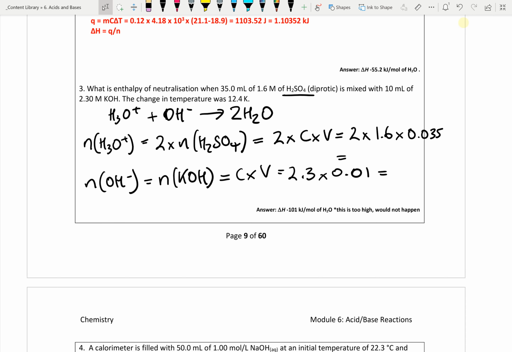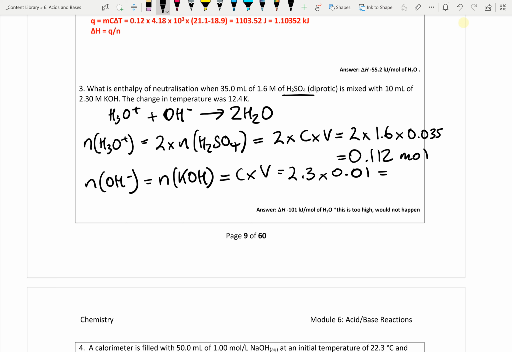And I'm going to have to do this on my phone. I didn't bring that, so you're going to have to excuse my calculations. For the first one, I'm doing 2 times 1.6 times 0.035, and that's equal to 0.112 moles.